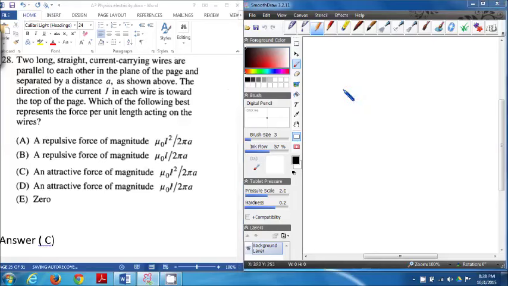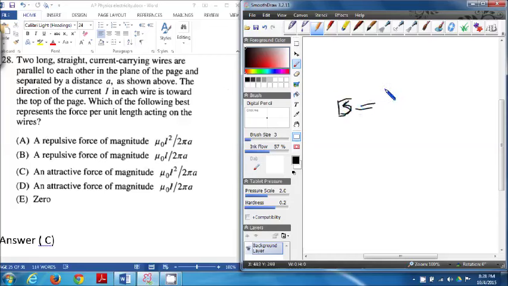Here the magnetic field due to a wire is given by mu0 I by 2 pi a, and the force is given by F equals I L B. Now we are talking about unit length, so the L goes.